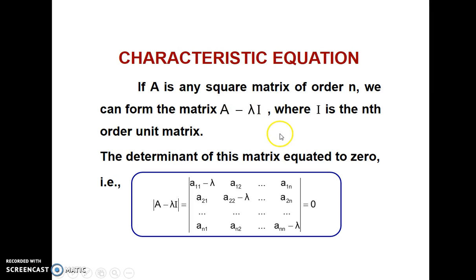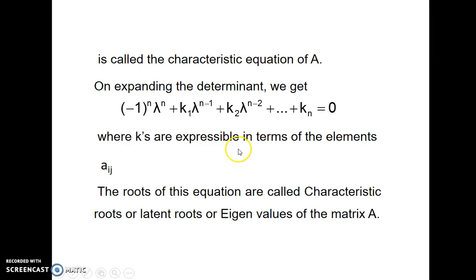The determinant of this matrix is called the characteristic polynomial. When we equate this to 0, it is called the characteristic equation. When we perform the determinant operation and expand it, you get a polynomial like this, and we equate it to 0 and call it the characteristic equation.